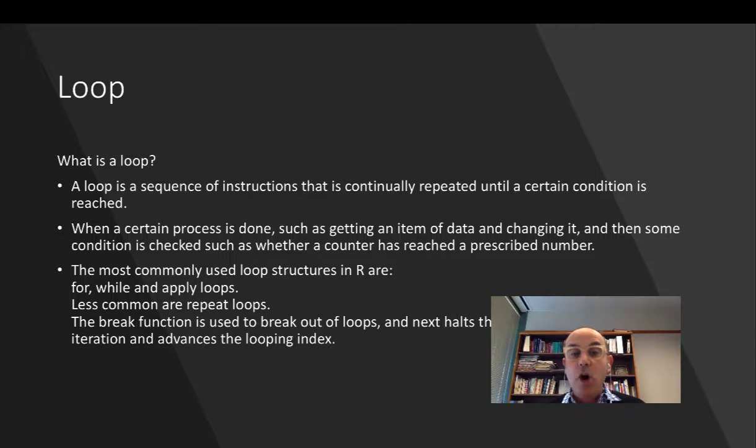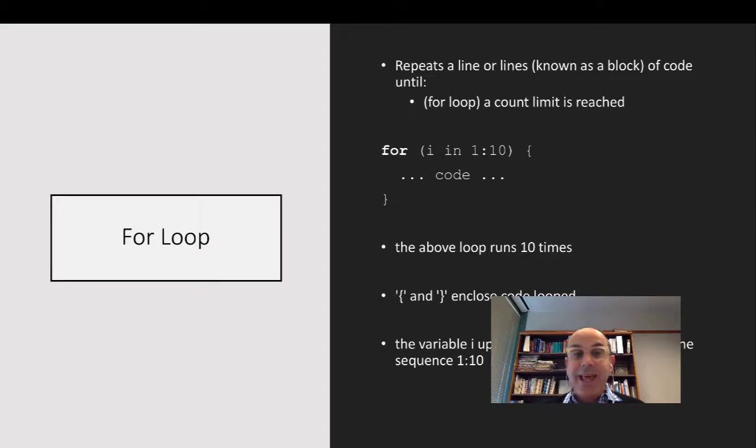The most common loops in R are for, while and apply loops. The least common are the repeat loops, and the break function is used to break out of the loops, and next halts the process of the current iteration or advances the loop indexing.